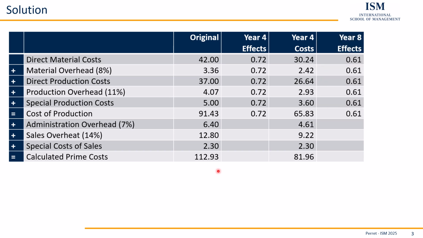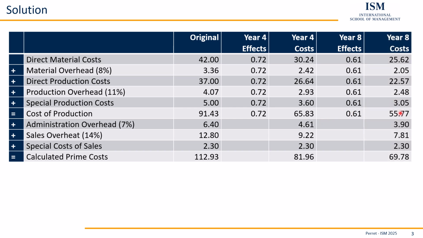In year 8, we then, instead of using multiplier of 0.72, we use multiplier of 0.61. So we multiply all our production costs with this factor 0.61, giving us new total cost of production of 55.77.